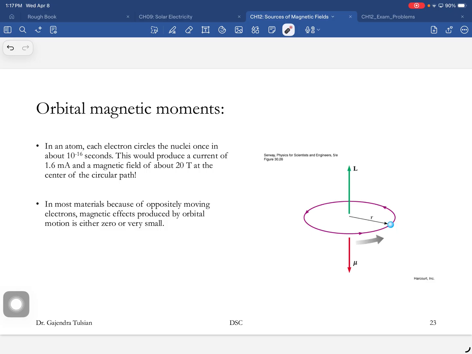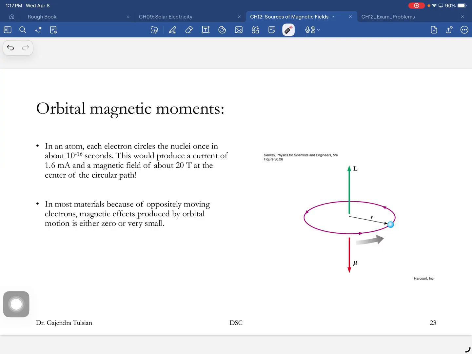Is that a strong field? That's a very strong field. So what's going on? How come you don't feel it? So in general, for every electron going around like that, there's an electron going in the opposite direction. What about for an odd number of electron atoms?